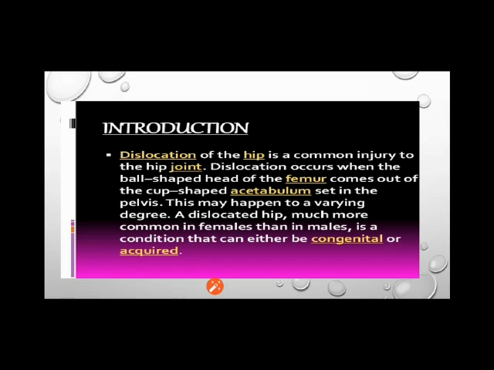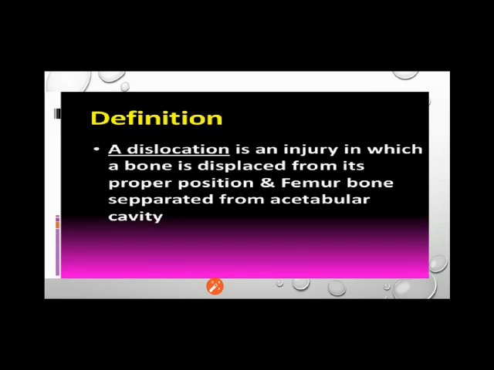So this condition can be either congenital or acquired. If you see the definition, a dislocation is an injury in which a bone is displaced from its proper position, and the femur bone is separated from the acetabular cavity. So what happens here?